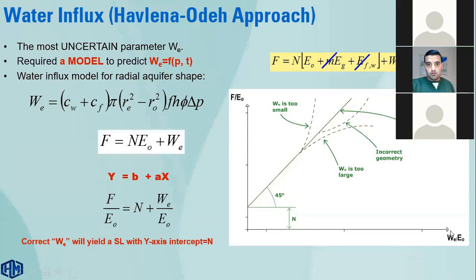According to this equation, you will have a unit slope straight line, and the y-axis intercept will be N or STOIIP. So it's very simple to use the straight line material balance equation in case of water influx.